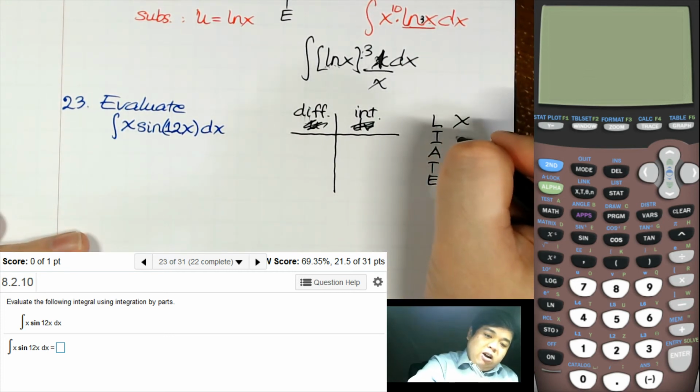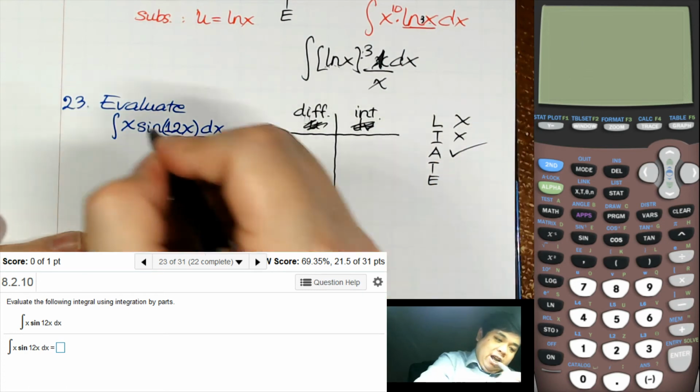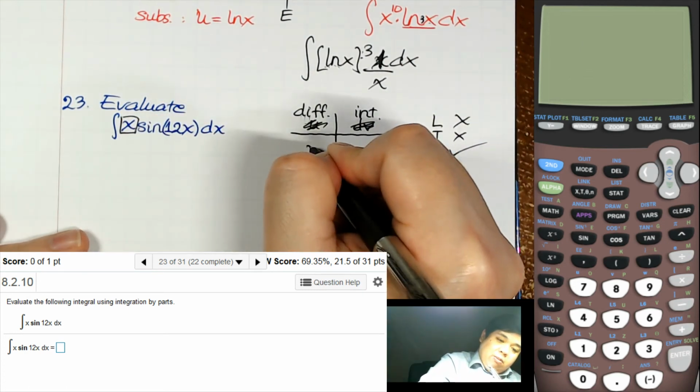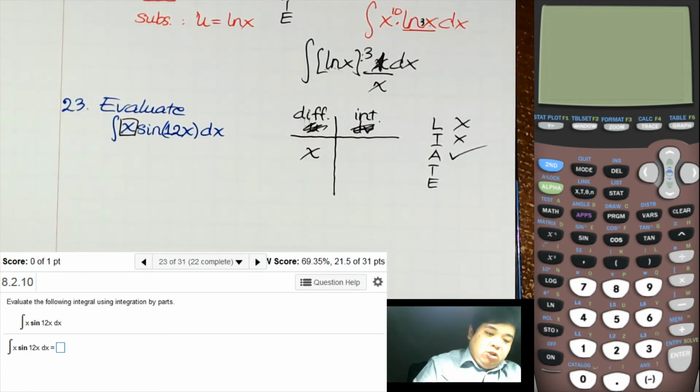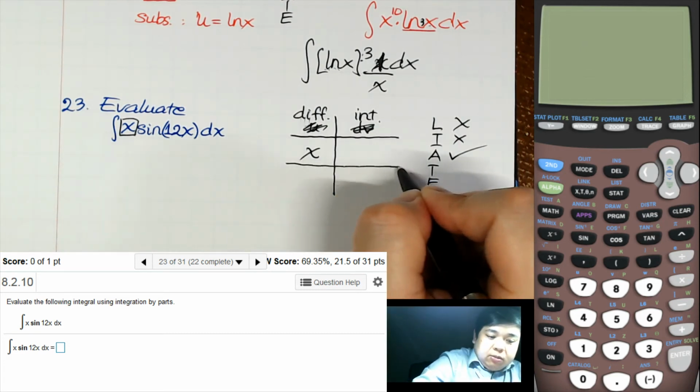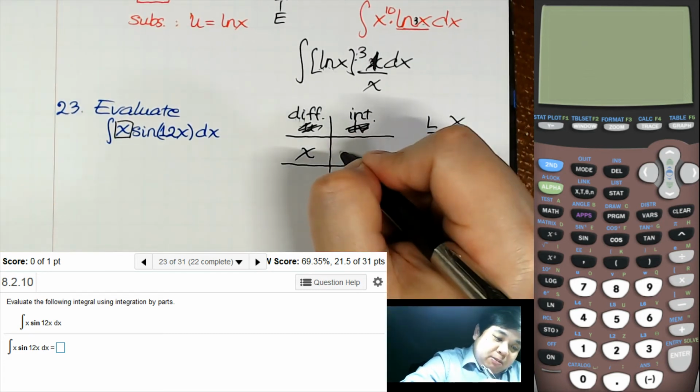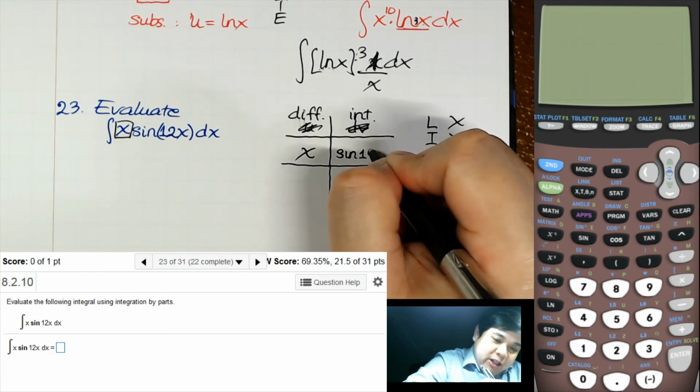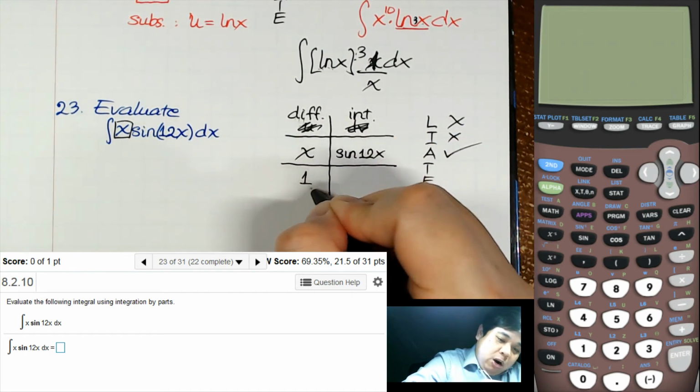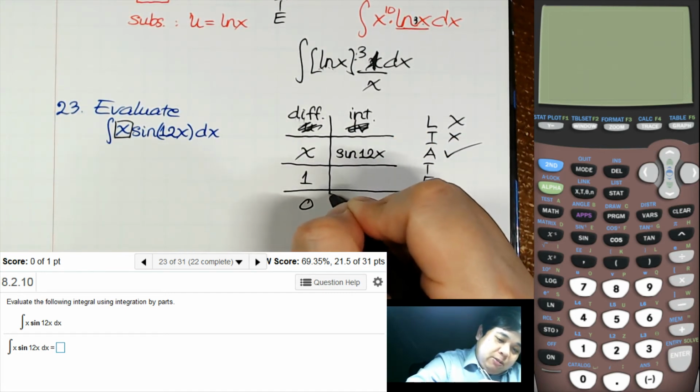So there's no log, no inverse trig. There is an algebraic expression, so it's x. And then sine of 12x will be here. Differentiate: 1, 0.